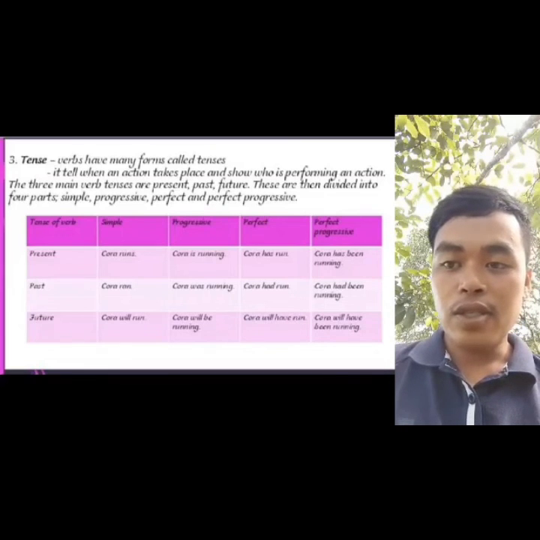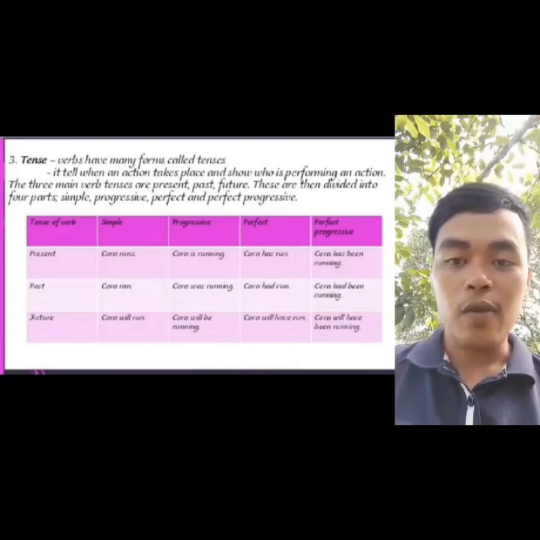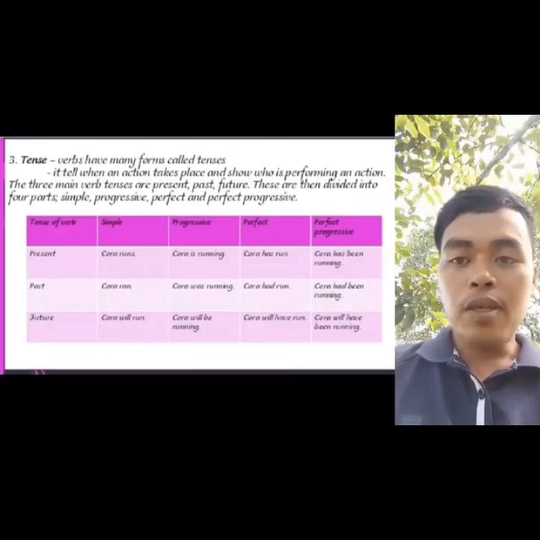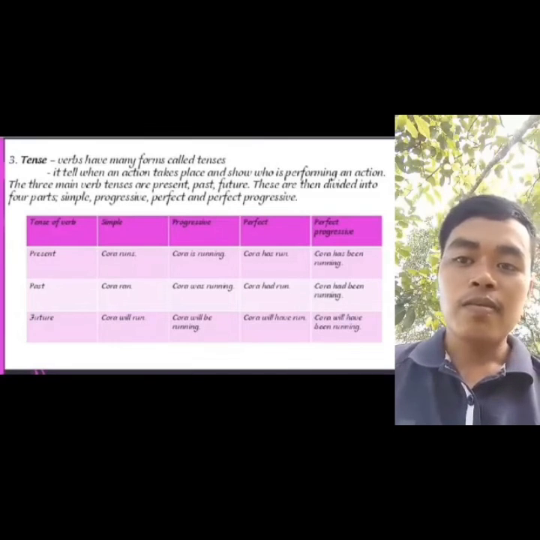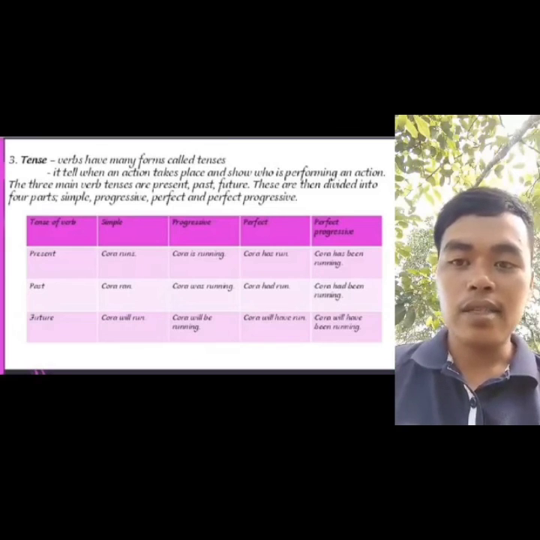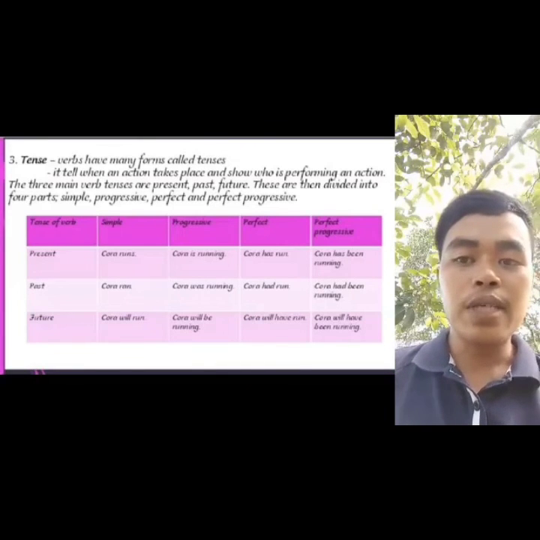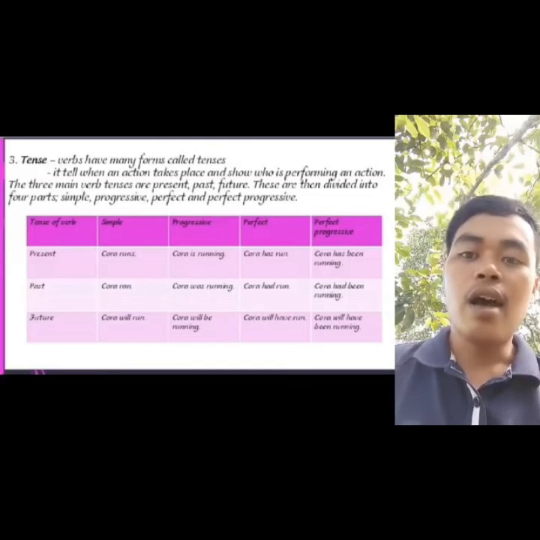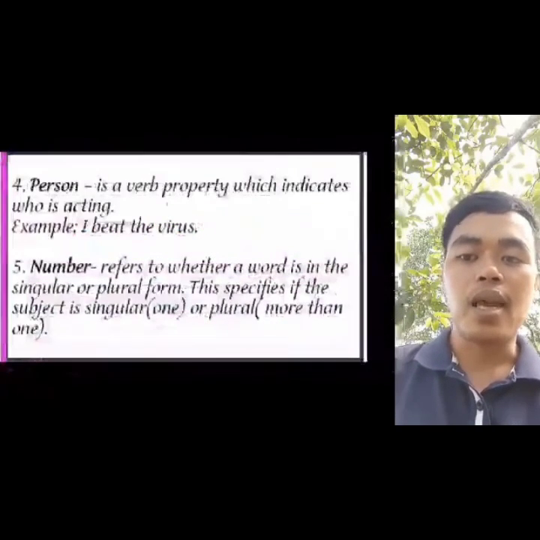Perfect future tense: Cora will have run. Perfect progressive present tense: Cora has been running. Perfect progressive past tense: Cora had been running. Perfect progressive future tense: Cora will have been running.